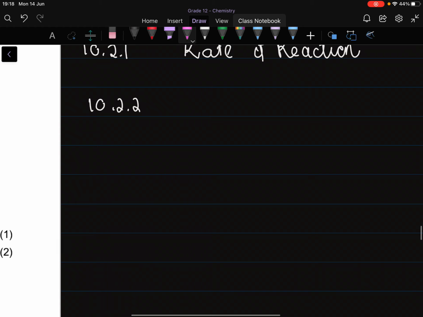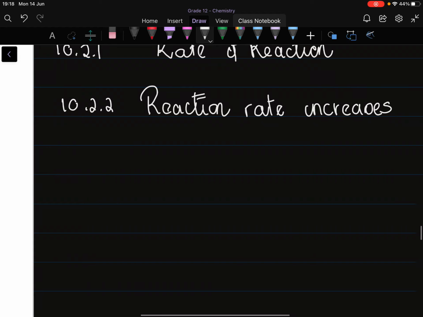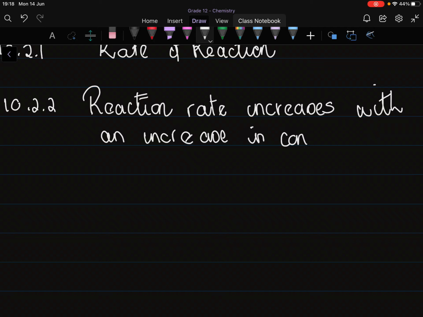What we can say, though, okay, and this is a much better way to say it, is that reaction rate increases with an increase in concentration.